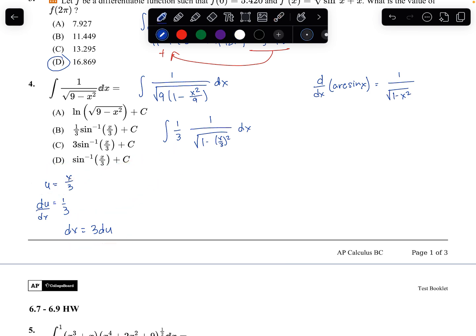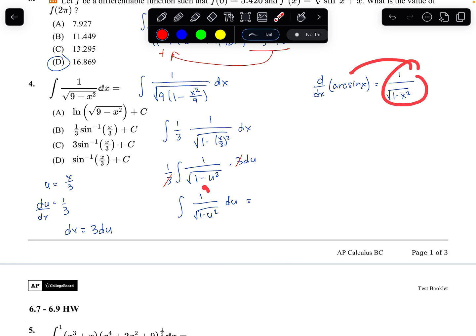So I'm going to put the 1/3 on the outside, and I have the integral of 1 over the square root of 1 minus u squared, and for dx, we said dx is equal to 3 du. As far as cancellations, that can cancel. So then I just have the integral of 1 over the square root of 1 minus u squared du, which again is what I have right here.